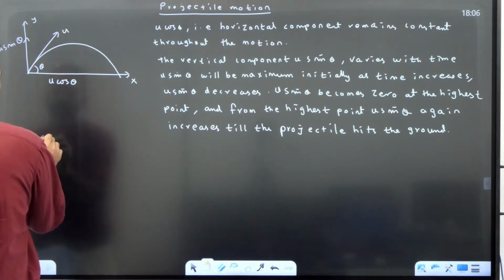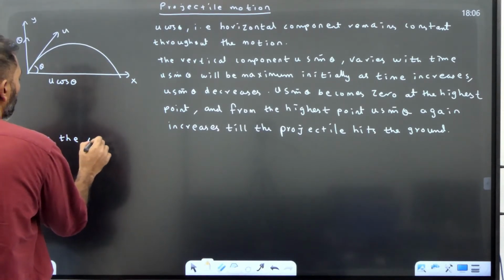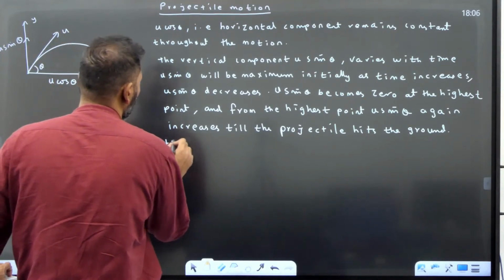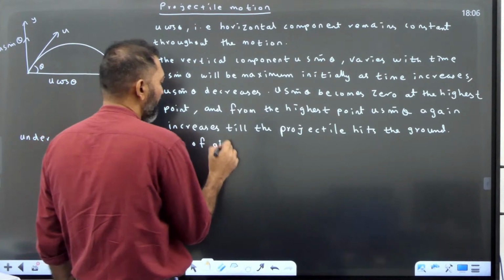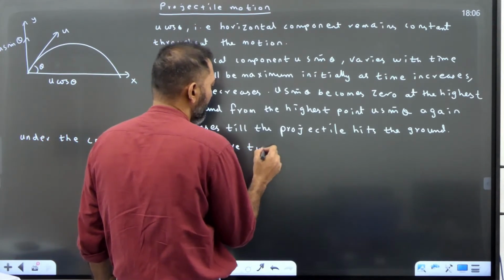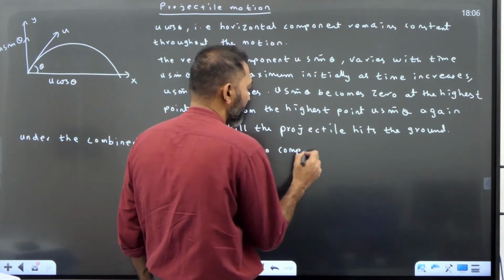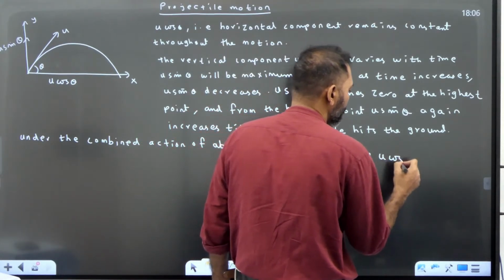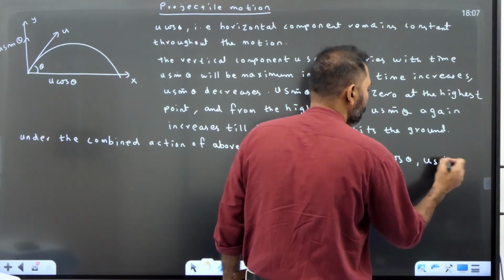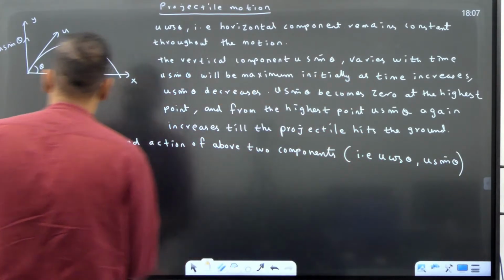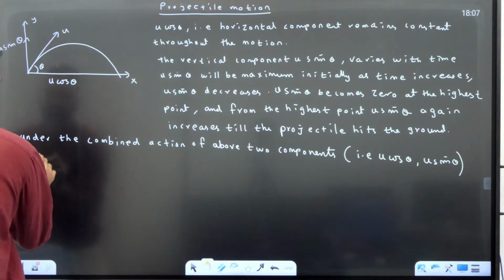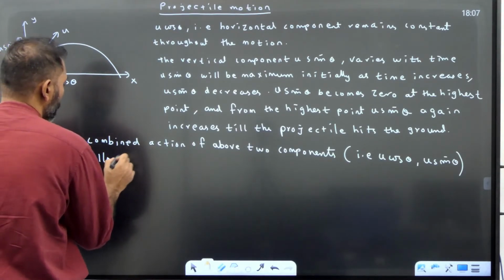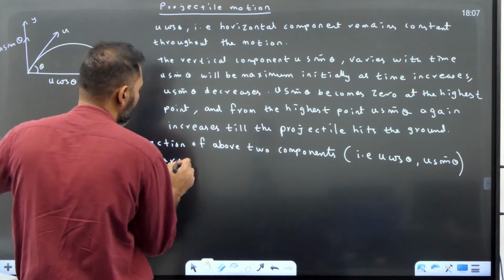Under the combined action of above two components, what are they? Bracket, that is U cos theta and U sin theta. Projectile follows a parabolic path.